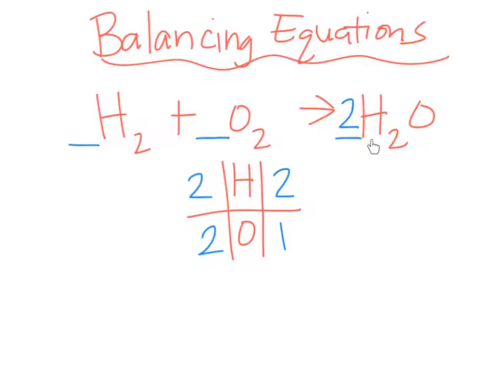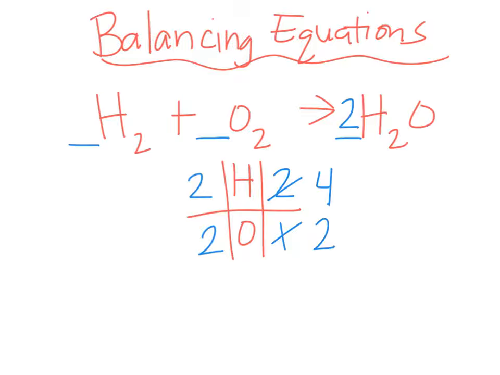By adding a coefficient, it changes our H's on this side. 2 times 2 is 4, so I'm going to cross that out and put a 4. But adding the 2 in the front gives us the 2 that we wanted for the oxygen, so I change that one to 2.